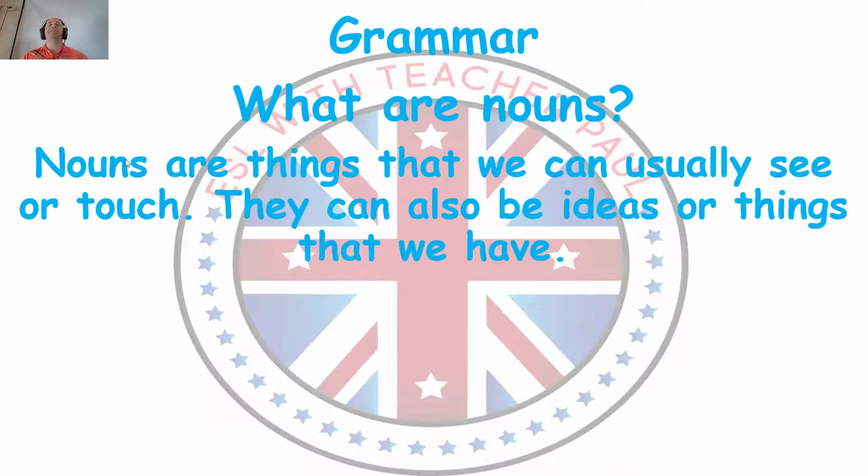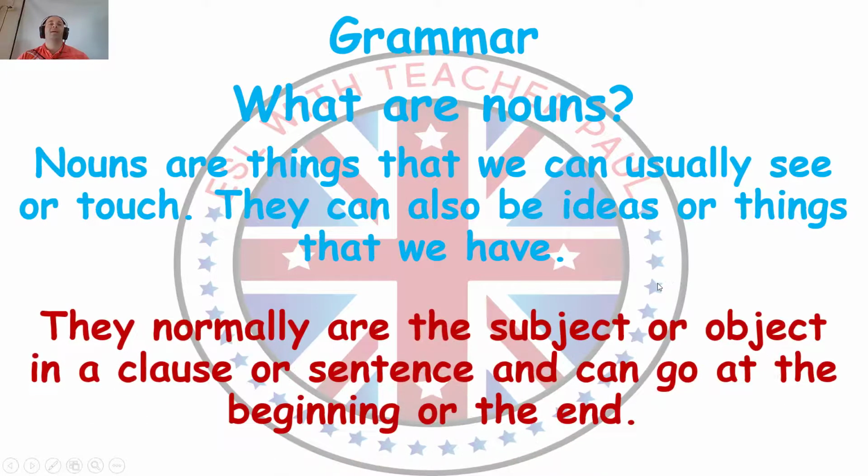Okay, it's describing someone, a quality that this person has. These are also nouns. They normally are the subject or object in a clause or a sentence, so they can go at the beginning or the end. However, there are some different kinds of nouns that can go in different places, and we will try to explain about them too.